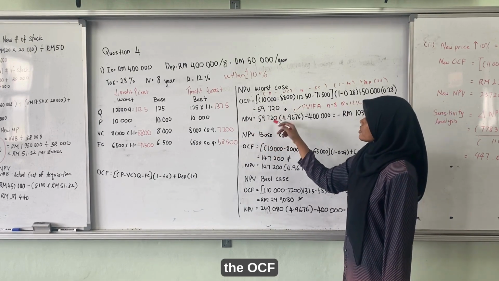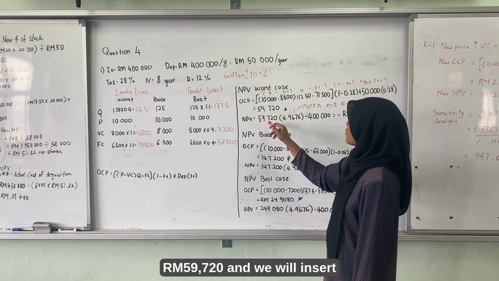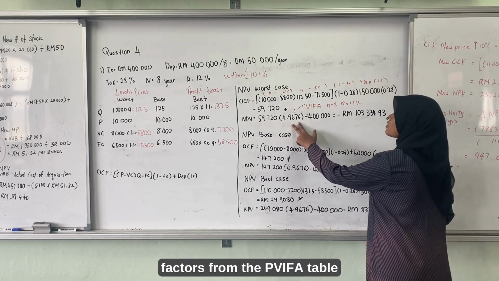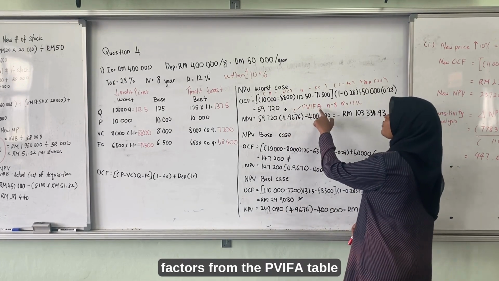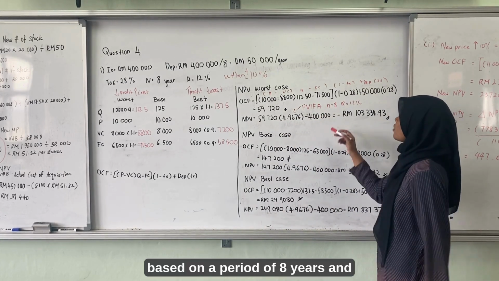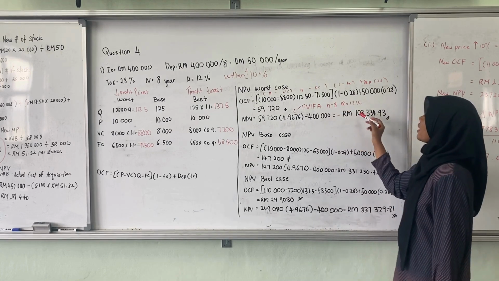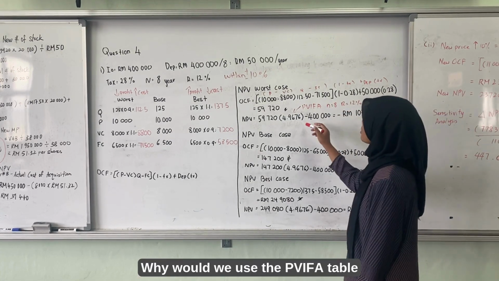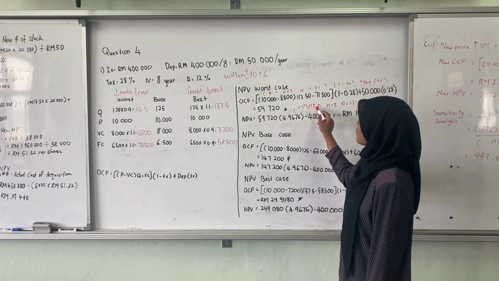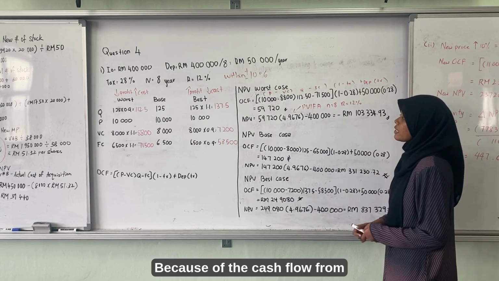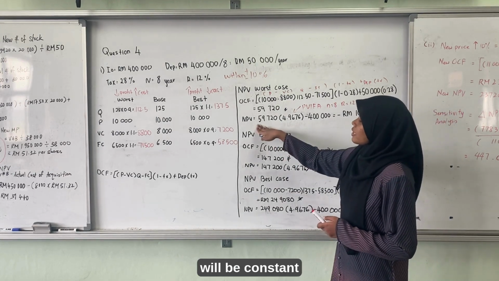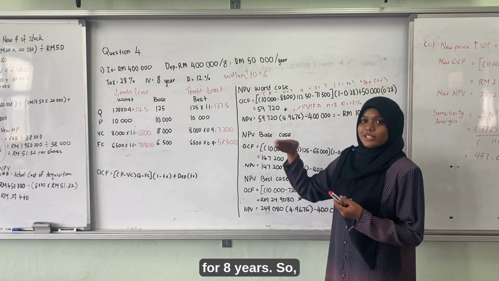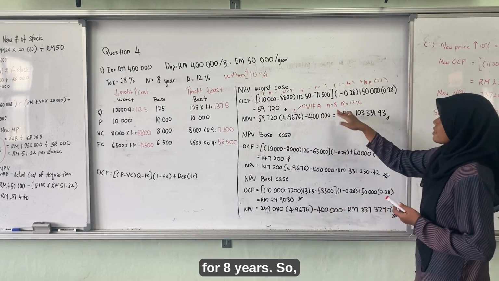We insert the OCF 59720 and we will search for the factor from the PVIK table based on the 8-year period and 12% required return. The reason we use the PVIK table is because the cash flow will be constant for the 8 years.